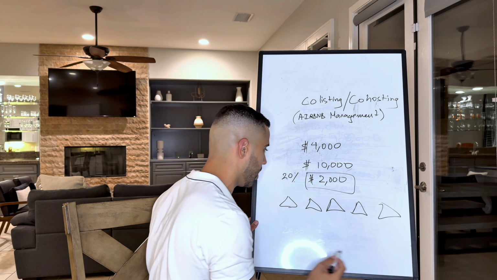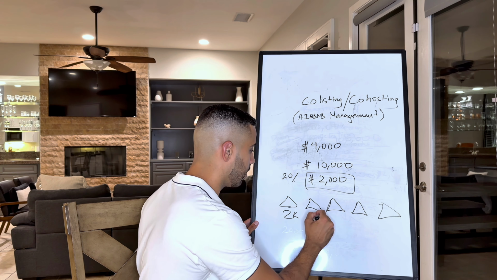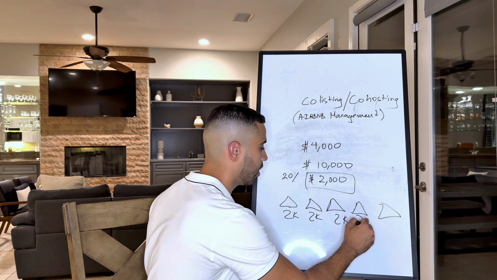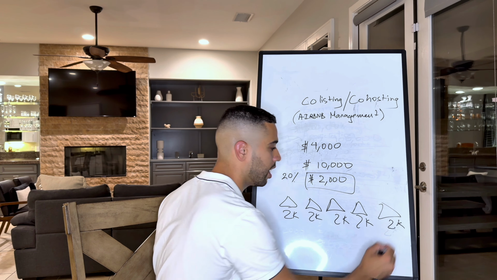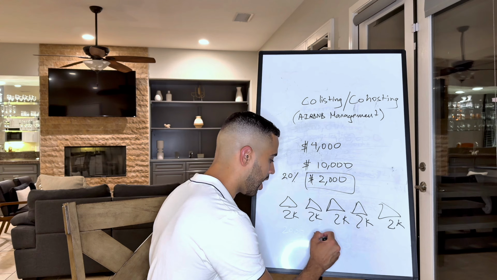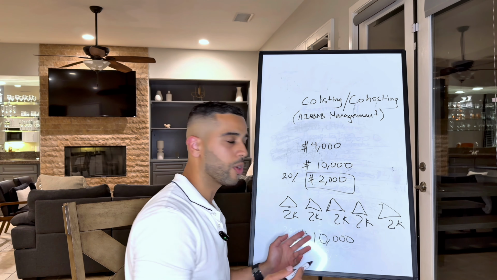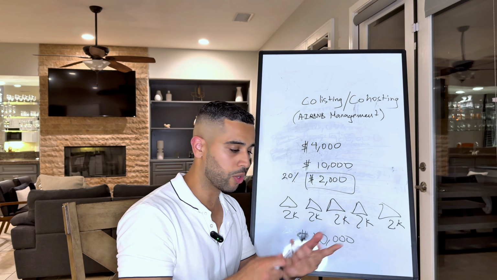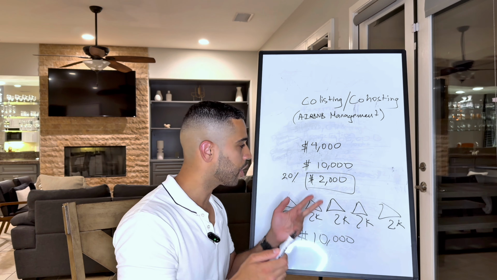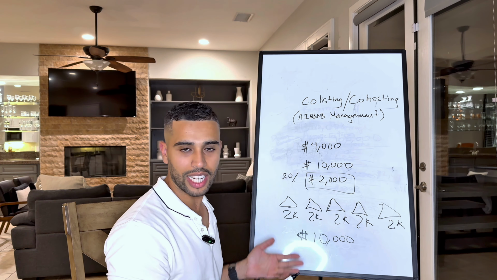Let's call it 5 properties. 2K, 2K, 2K, 2K, 2K. That's how you make $10,000 in 1 month. If you didn't even own any properties, you don't even rent any of these properties, again, assuming you generated these exact numbers.